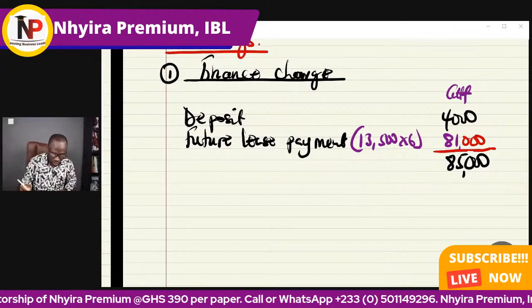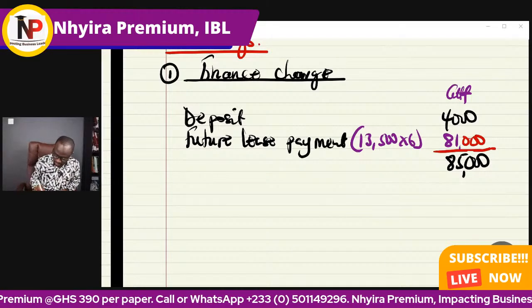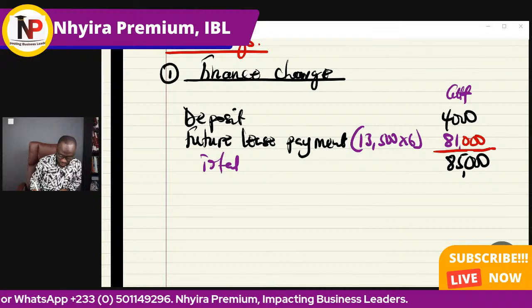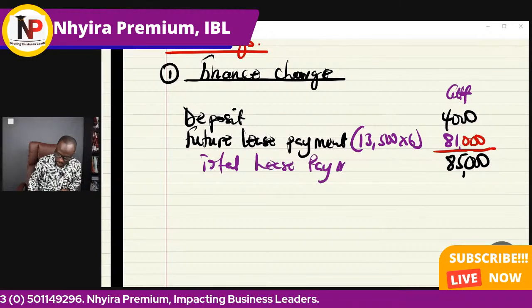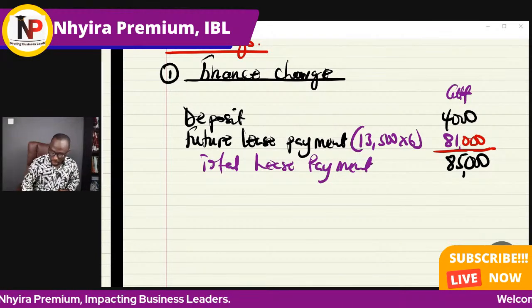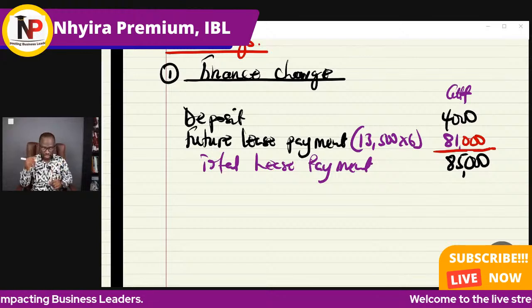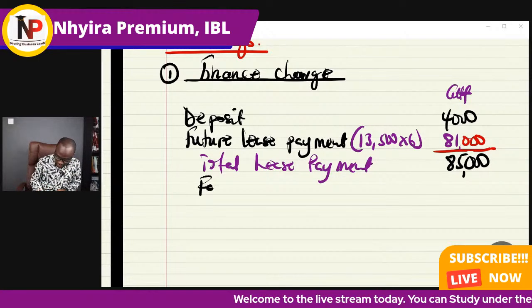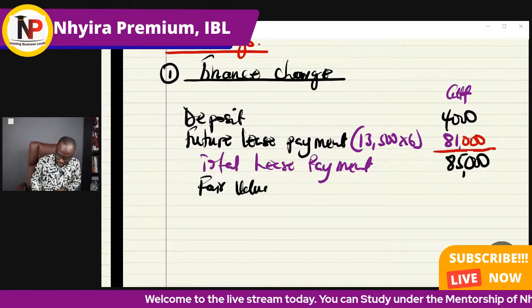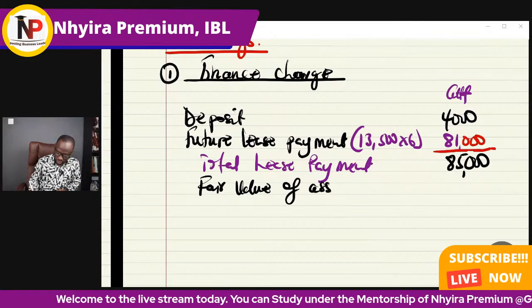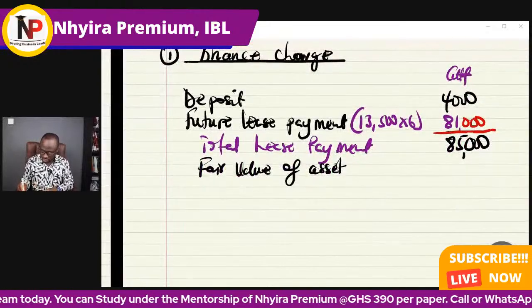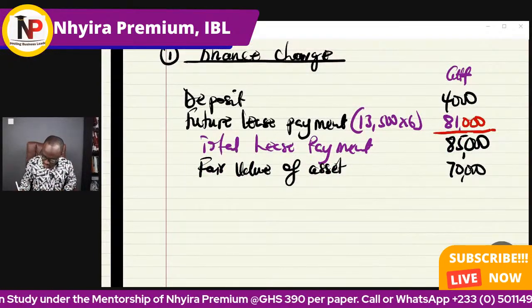But what is the fair value of the asset? So this is the total lease payment. But what is the fair value of the asset? We are told in the question that the fair value of the asset, as per the question, is 70,000 Ghana cedis.